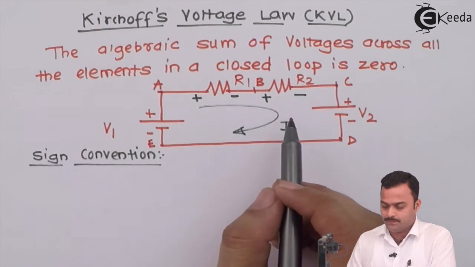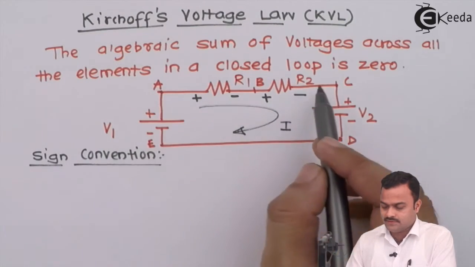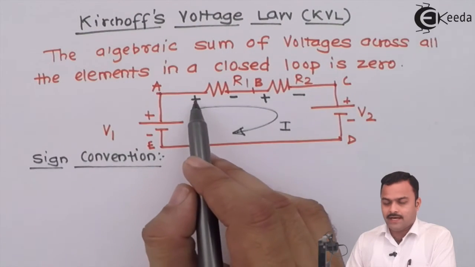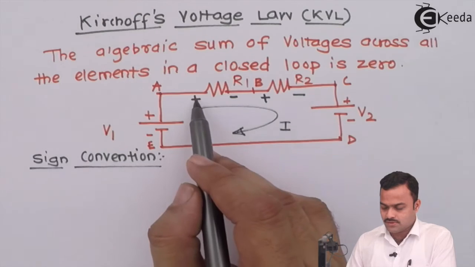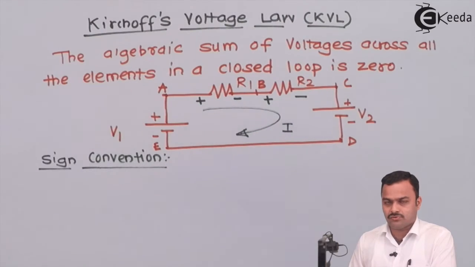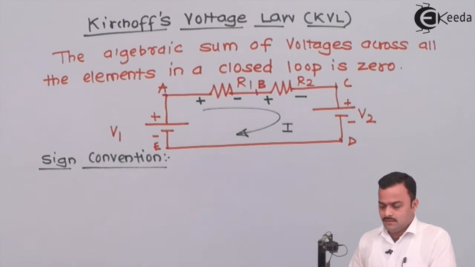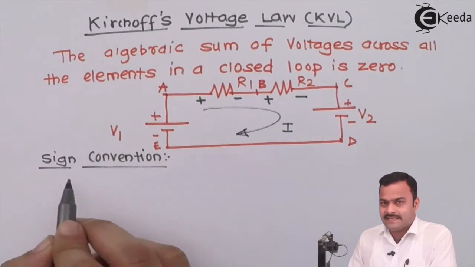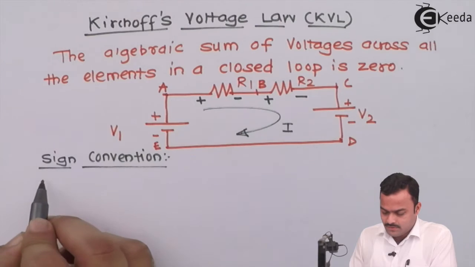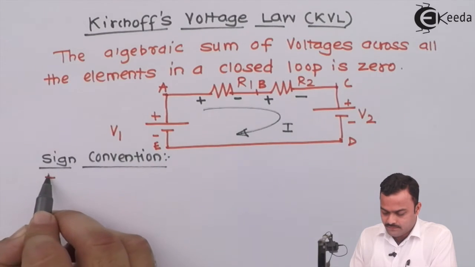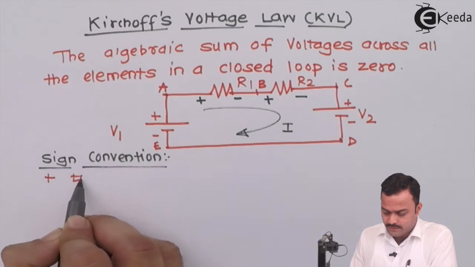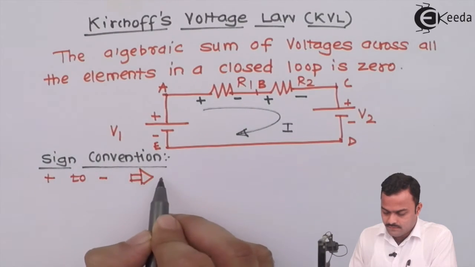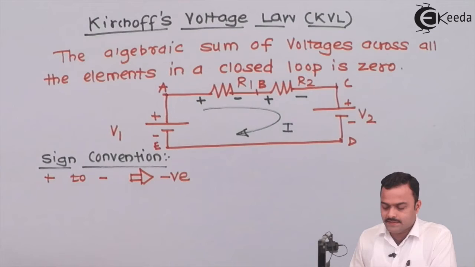In this, if we travel, we get voltages which change from plus to minus, or sometimes from minus to plus. As far as sign convention is concerned, if in tracing a path I come across a voltage which is changing from positive to negative, I have to represent it with a negative sign.